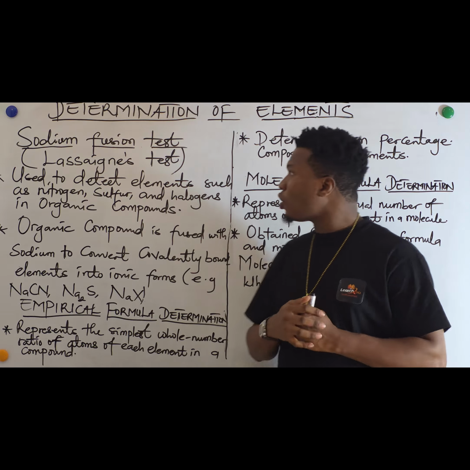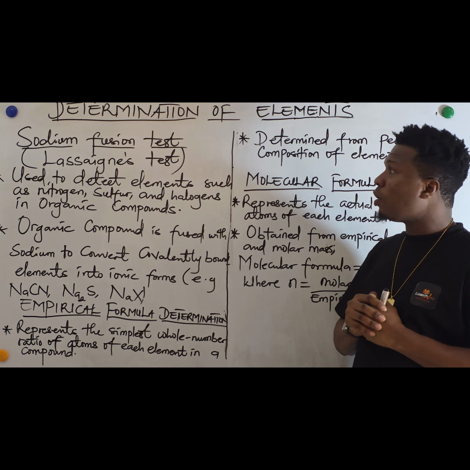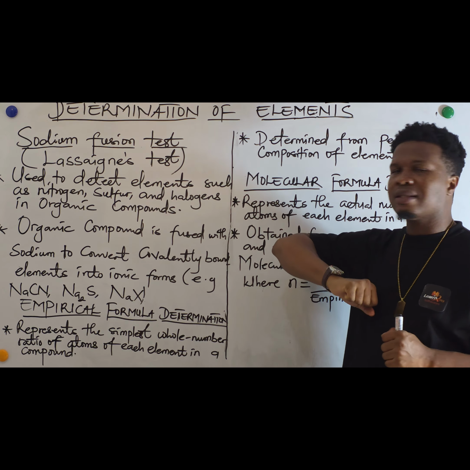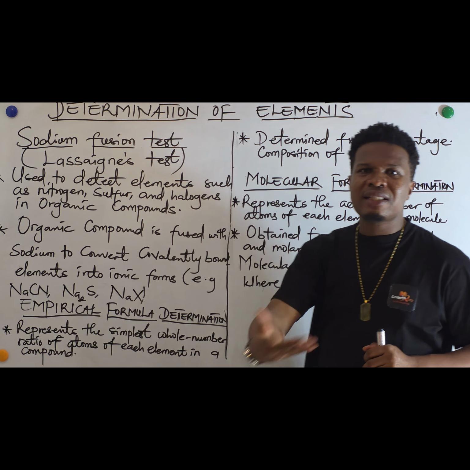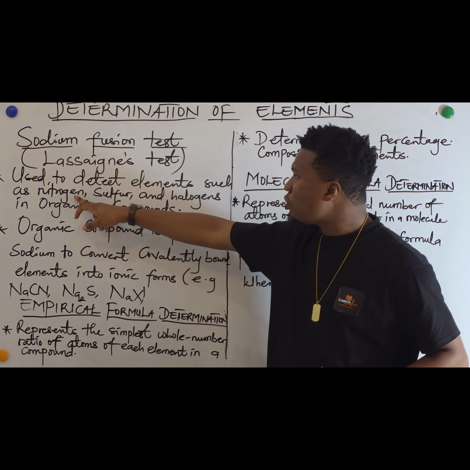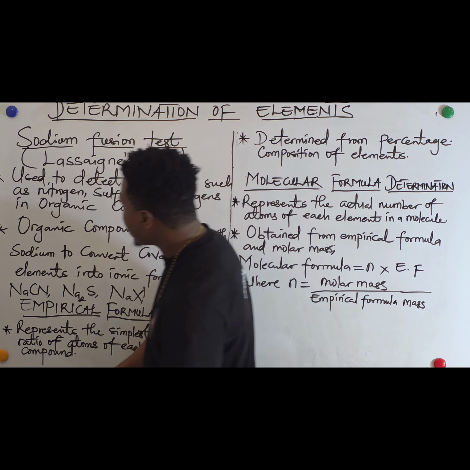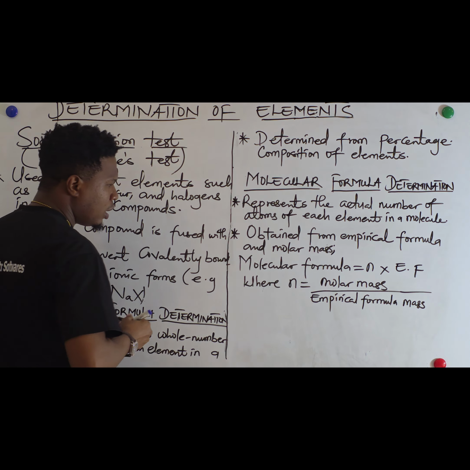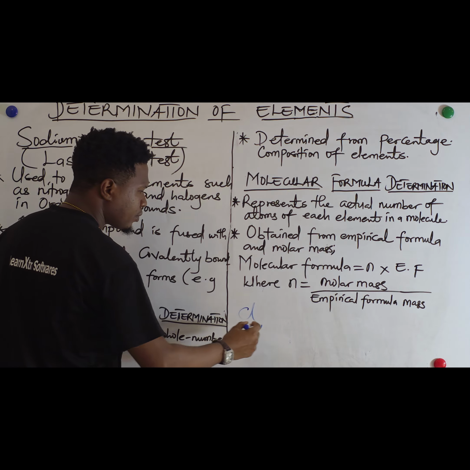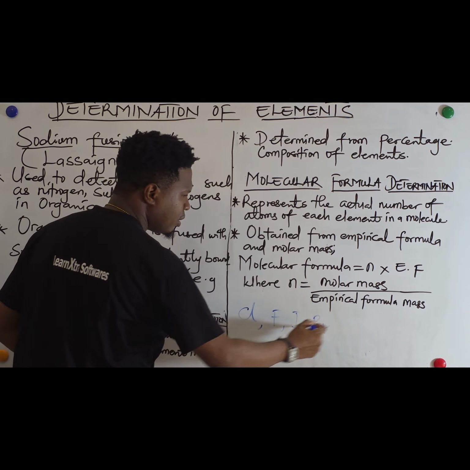There is a popular test called the sodium fusion test. That's also called the Lassaigne test. So what do we actually use this test for? We use this test to determine elements such as nitrogen, sulfur, and halogens. Remember, halogens include chlorine, fluorine, iodine, and bromine.